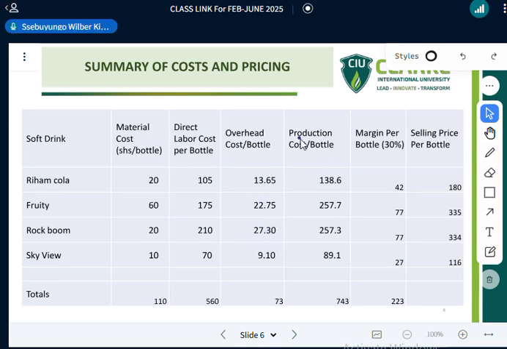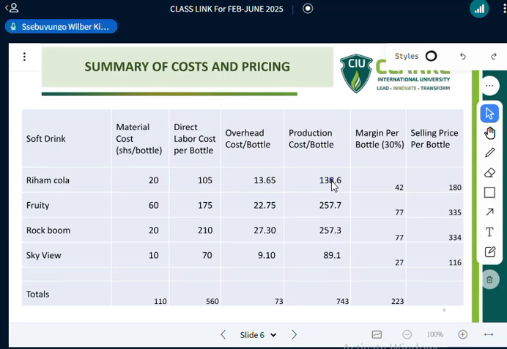Then production cost per bottle. That's the total production cost per bottle. I'm summing up material cost plus direct labor cost per bottle plus overhead cost per bottle. That's an addition of 20 plus 105 plus 13.65 to get 138.6. I've done that similarly for all other bottles.